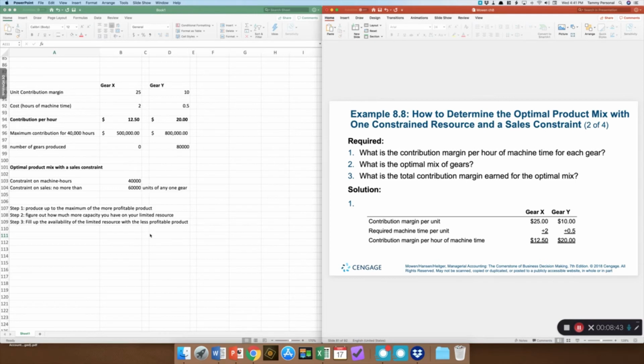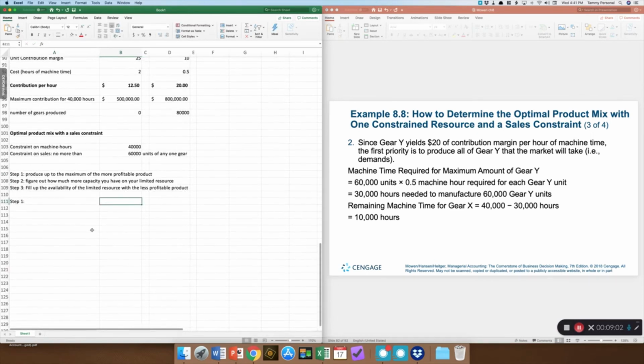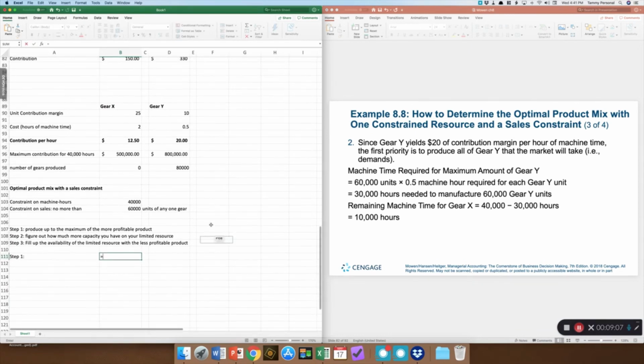So step one, we get 60,000 units of gear Y. So it's 60,000 units times the $20 contribution margin, which gives us our, that can't be right.